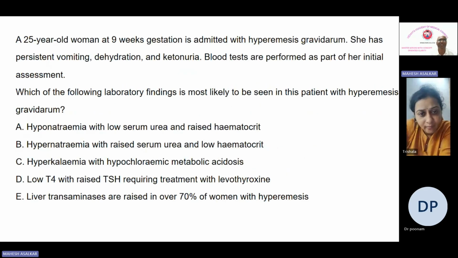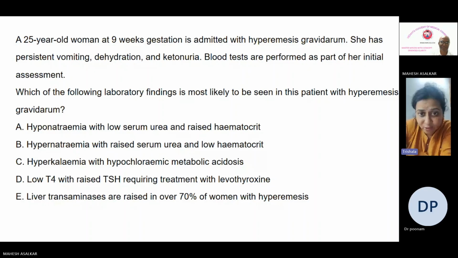Just we'll finish with this last question. A 25-year-old woman at 9 weeks gestation is admitted with hyperemesis gravidarum. She has persistent vomiting, dehydration, and ketonuria. Blood tests are performed as a part of her initial assessment. Which of the following laboratory findings is most likely to be seen in this patient? A, hyponatremia with low serum urea and raised hematocrit.